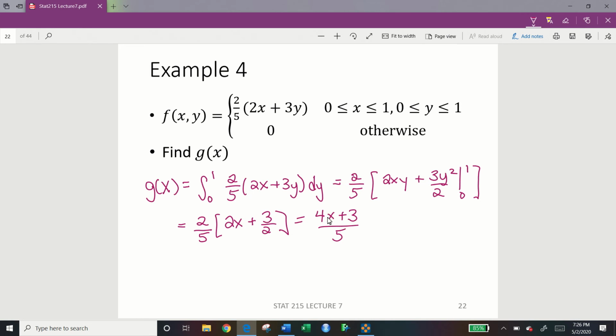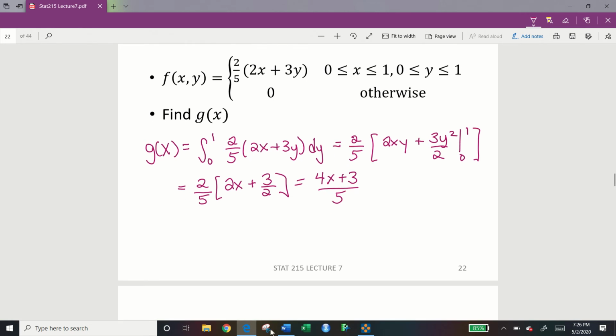To properly write this out, we will say that g of x equals 4x plus 3 all over 5 on the bounds from 0 less than x less than 1, and 0 otherwise.